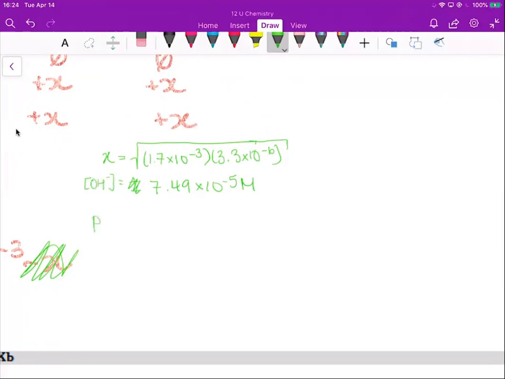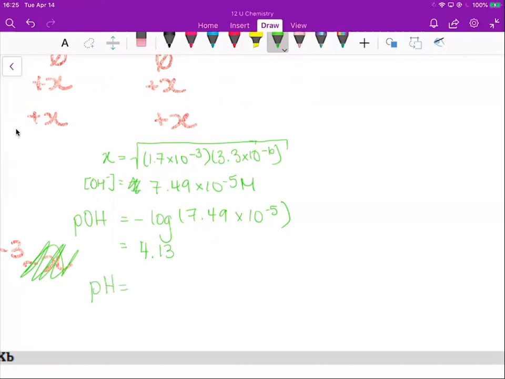So what's wrong with this? pH equals the negative log of 7.49 times 10 to the minus 5. What's wrong with this? Well, we're using hydroxide ions to calculate using this. So this is not calculating pH, but pOH. I get a pOH of 4.13.